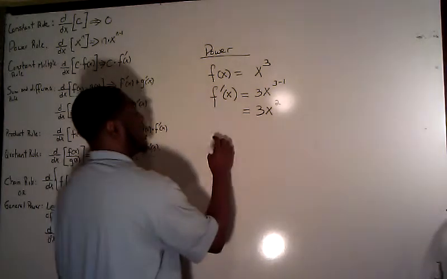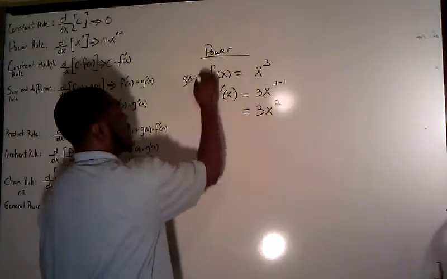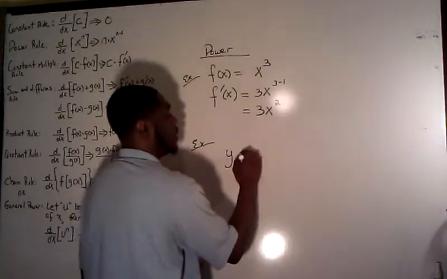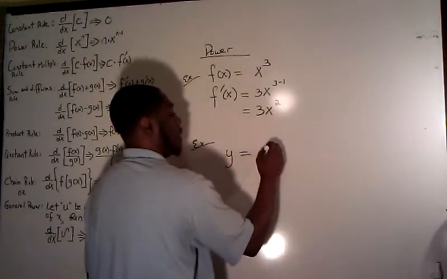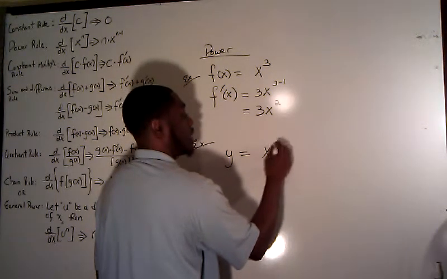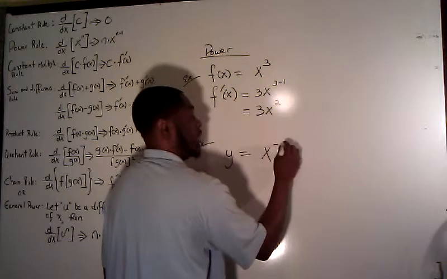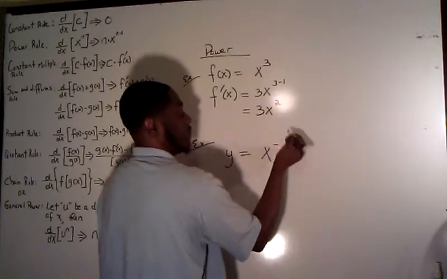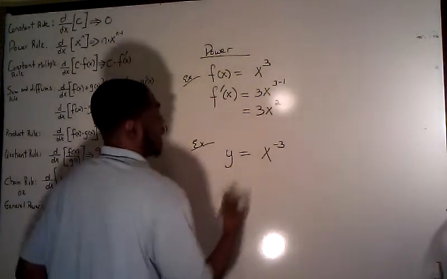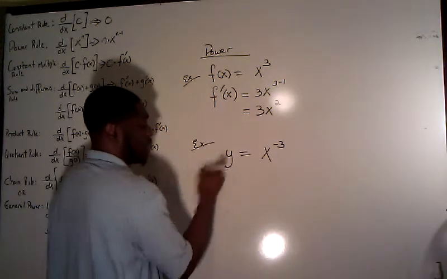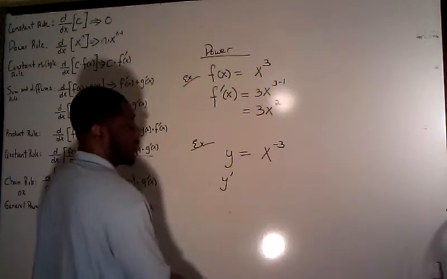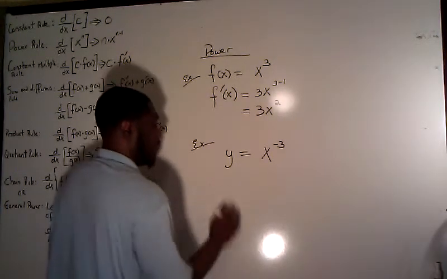Let's say we have another example using the power rule. If we have y is equal to x to the negative 3 power. Since we are using y here, I could either use y prime to denote the derivative, or I can use dy dx.